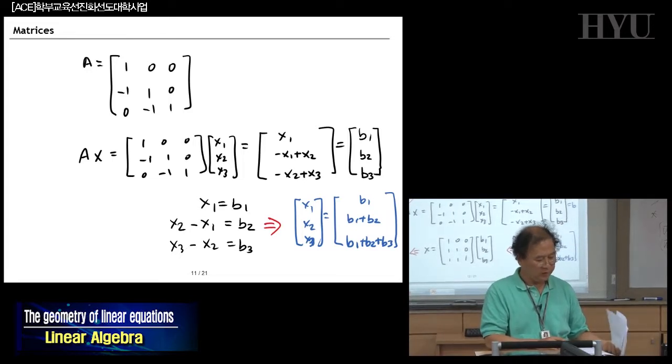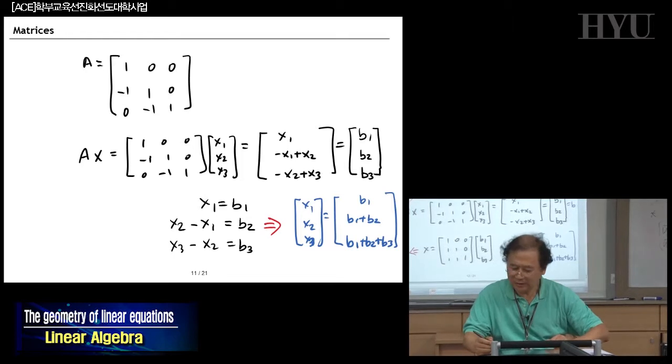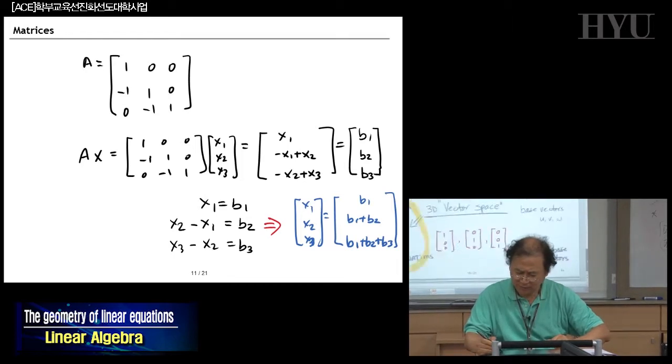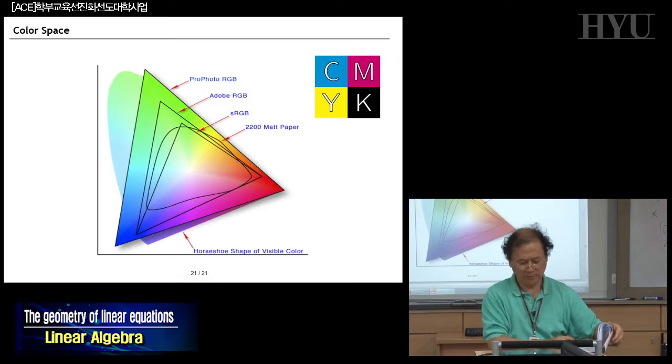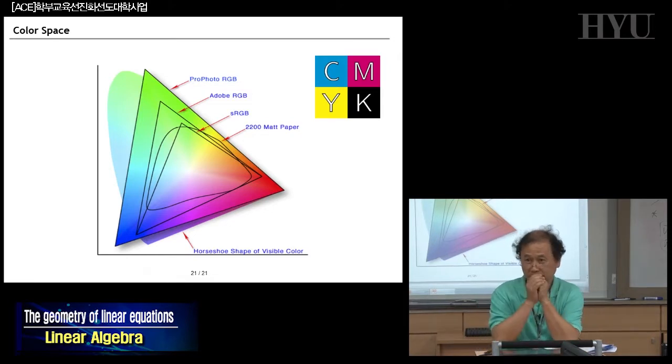Let's just move to another area completely because here is, why should I learn these things? Okay, let me think of just one example here. Have you heard about color space in physics? No? Kim Young-jin, have you heard about the color space?